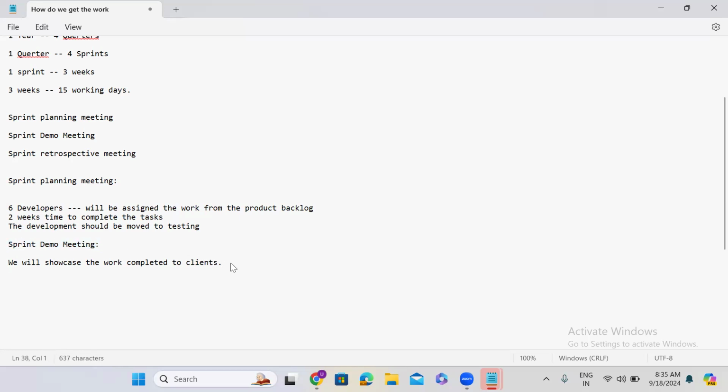There will be another meeting called the sprint retrospective meeting. In this retrospective meeting, all developers, everyone will join.